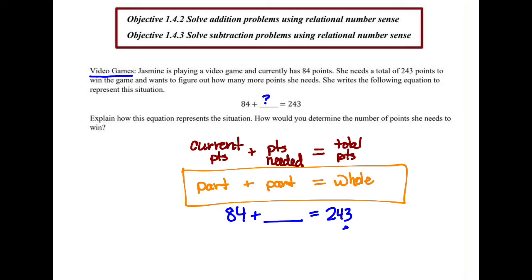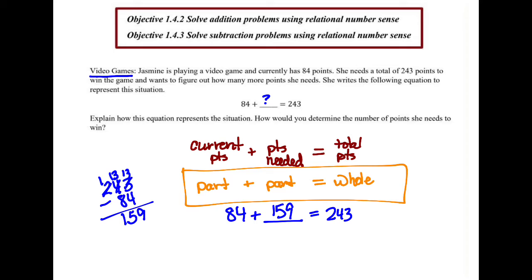So 243 minus 84 is equal to what number? 243 is your whole, and if we take away the part that we know, we're going to get the other part. So, doing some borrowing here, 159 is what's going to go in the blank.